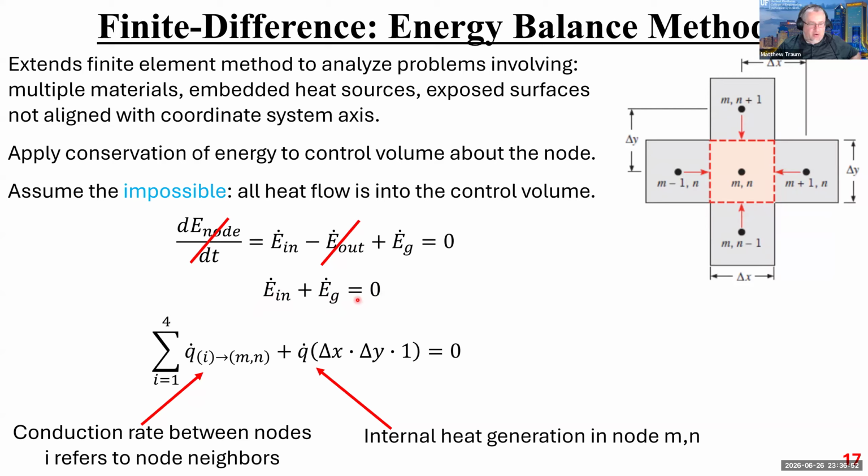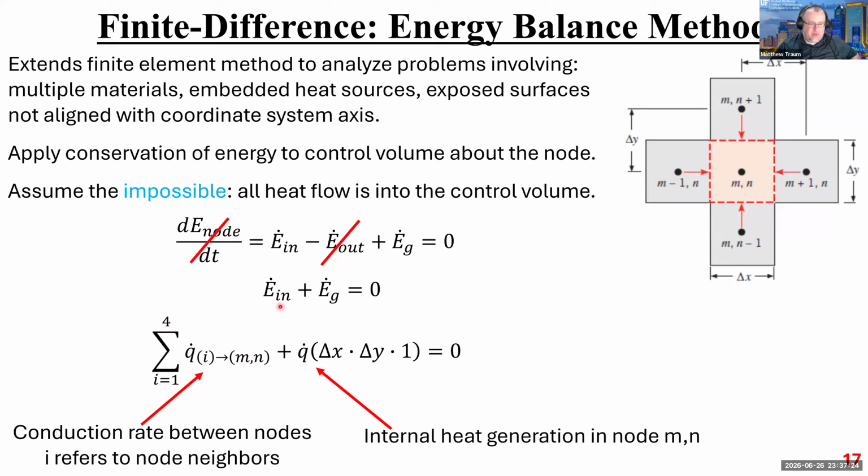And in order to find the energy in, well, the energy in is just the heat flux through conduction from node 1, node 2, node 3, and node 4 surrounding my internal node. And so I'm just going to write this as the summation from i equals 1 to 4 of those 4 heat fluxes from node 1 to node m,n, and then node 2 to m,n, node 3 to m,n, and 4 to m,n, right?